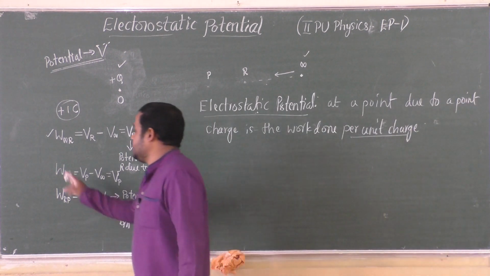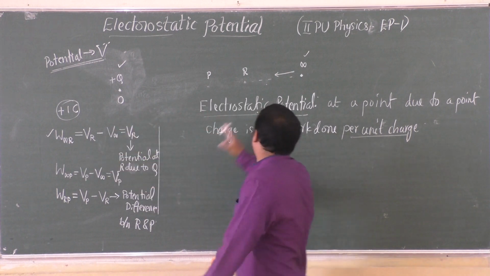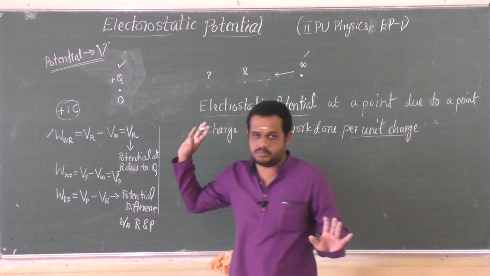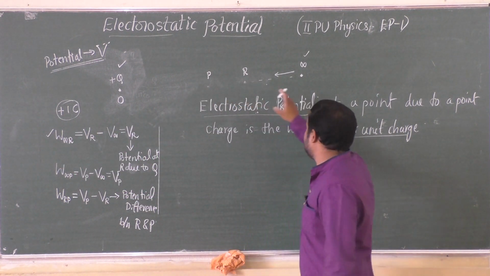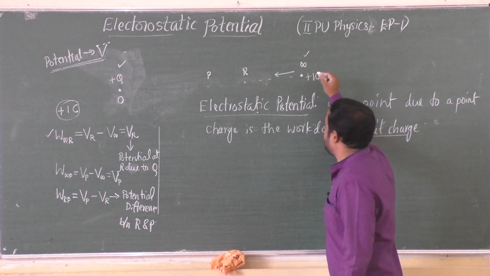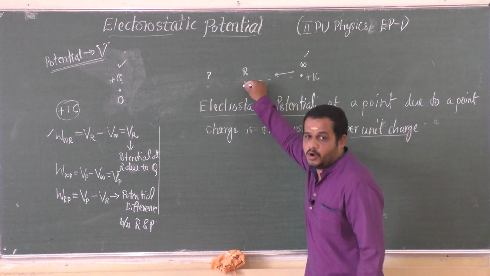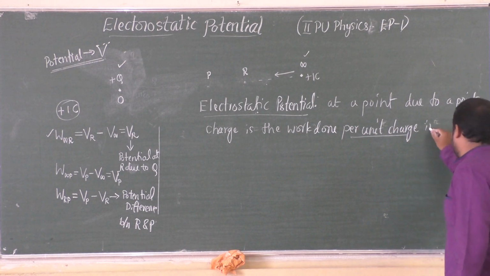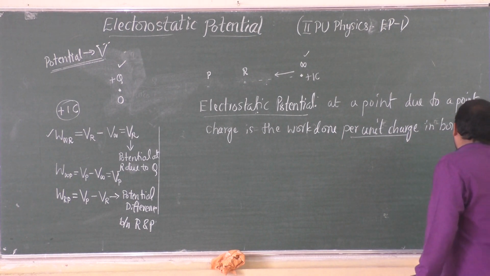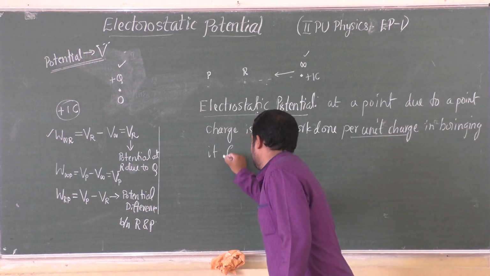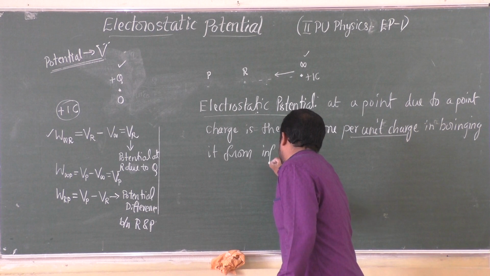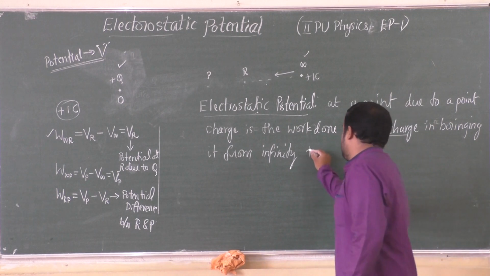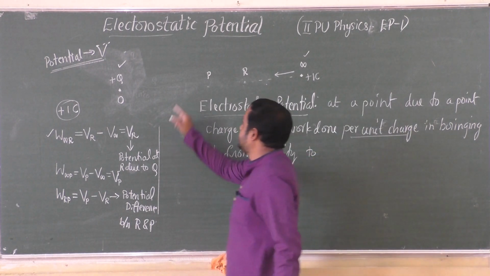In what condition? In bringing that unit positive charge from where to where? Infinity to that point. Potential at point R is nothing but the amount of work done in bringing unit positive charge from infinity to point R, isn't it? So work done per unit charge in bringing it from infinity to that point at which electric potential is measured.